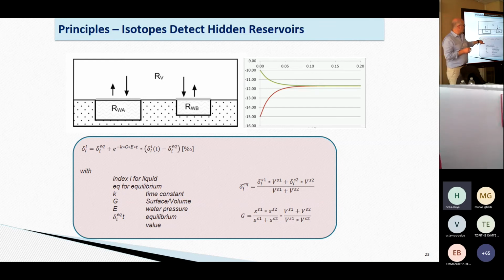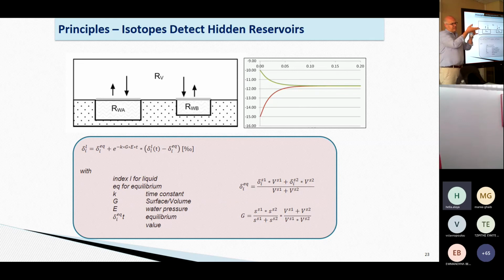Because this process is defined by an equation, so we have the isotopic composition in the isotopic separation, if you want. And I will not go into all the details, but the key parameters are the surface of water in both reservoirs compared to the volume. So this would be very bad because we have a small surface compared to a large volume. So with this configuration, it will take very long.